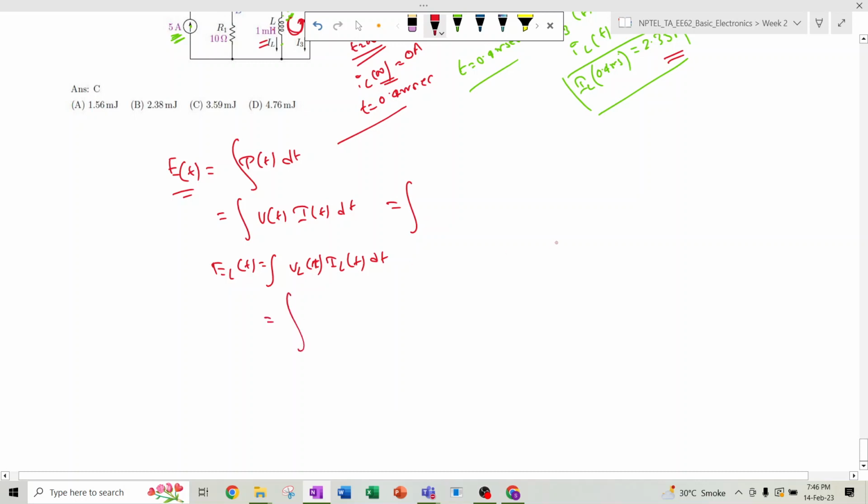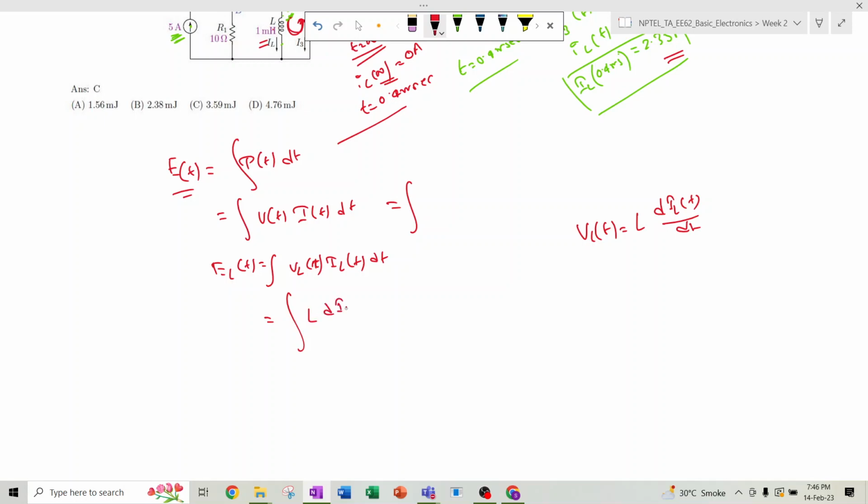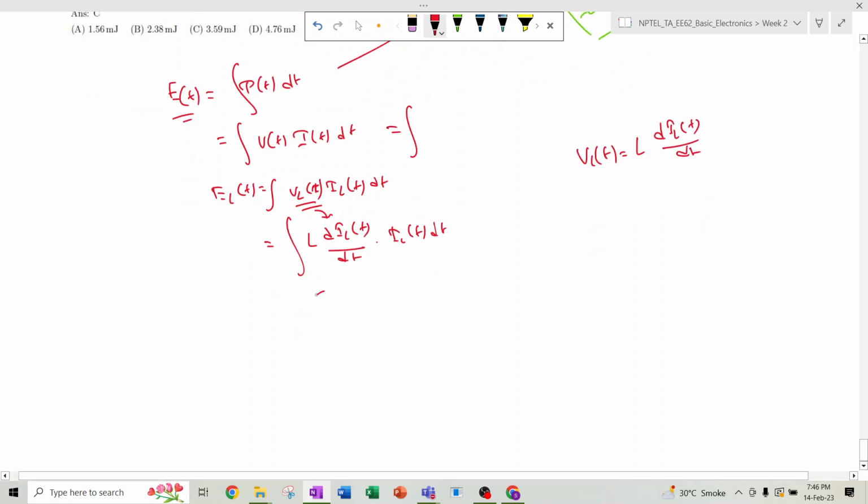We know the equation for the voltage across the inductor, VL(t), is L di/dt. So VL(t) is replaced by L dIL/dt, multiplied by IL(t) dt.